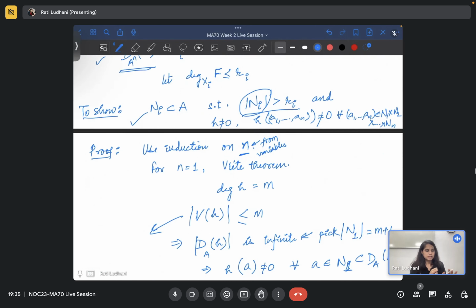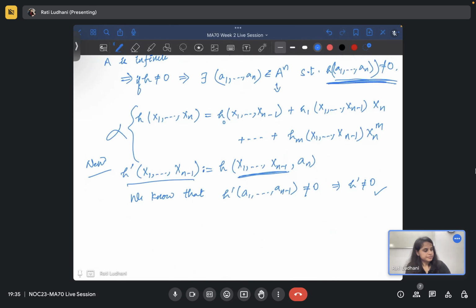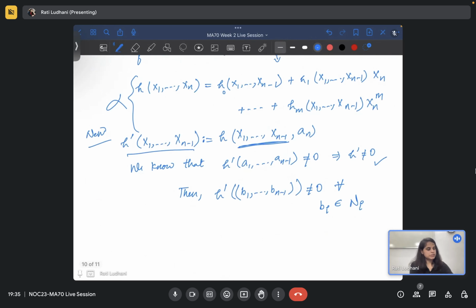So the induction hypothesis says that if this is true, then h dash of, I'll write some new terms, is not equal to 0 for all bi belonging to Ni. Now I am producing Ni, because of using the induction hypothesis, for all i from 1 to n minus 1.